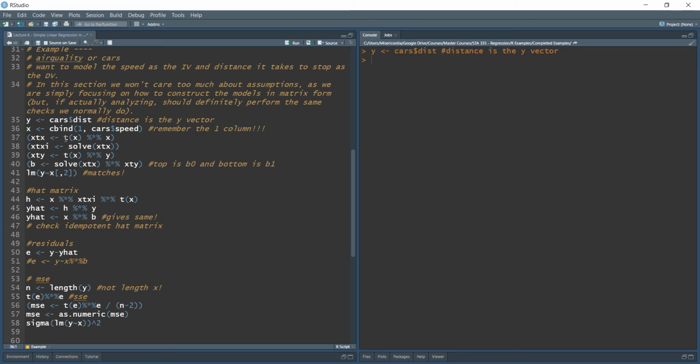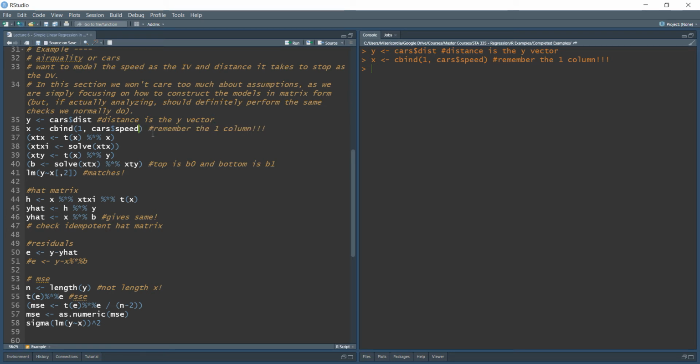In this particular case, when I'm making my x, recall that x in matrix form is no longer a vector. X in matrix form is a matrix. It is called the design matrix, where we have a column of ones and then a column of our x values. If I had multiple x values, I would list them here. So let's say I had a different x value, x2, that would go here, and then x3 and x4 and so on.